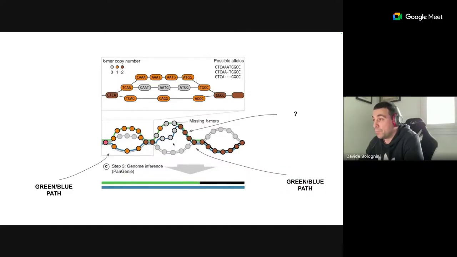But because this bubble is linked to the previous bubble, this can be used to infer the 2 local haplotypes path for the second bubble. And it will likely result in the green-blue path inferred from the previous bubble genotype. I think it's a pretty cool approach.